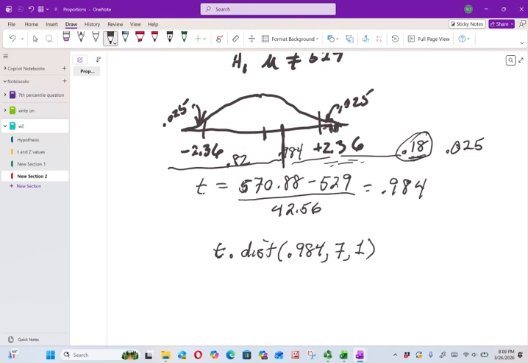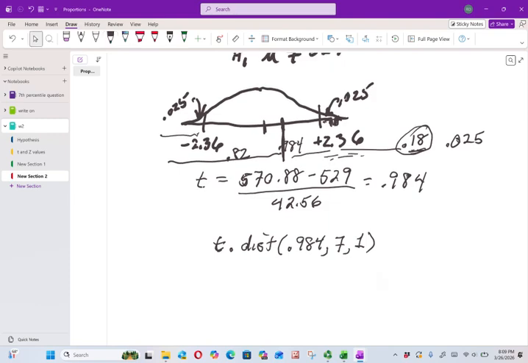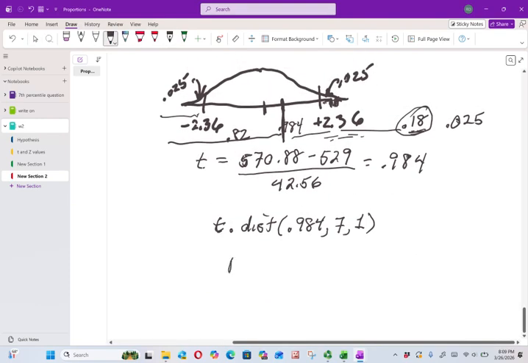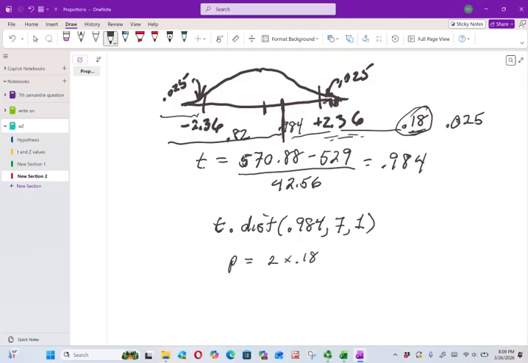We also have to include the lower end, so the p-value for this test is equal to 2 times 0.18, so 0.36 is the actual p-value. We need this 0.36 because we can compare it to the 0.05 two-tailed significance level.